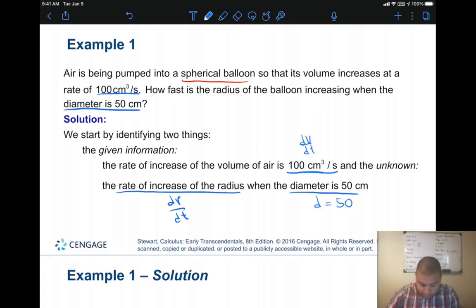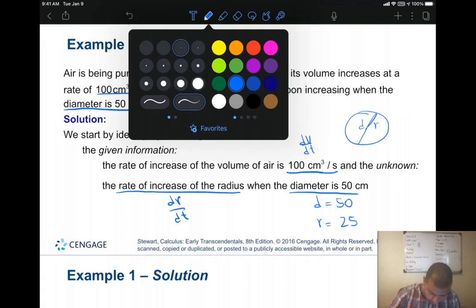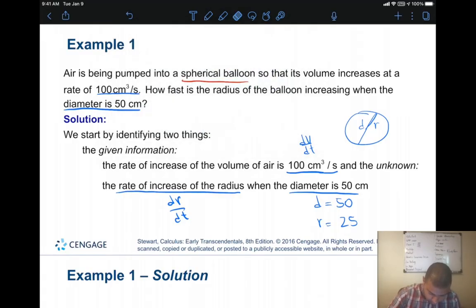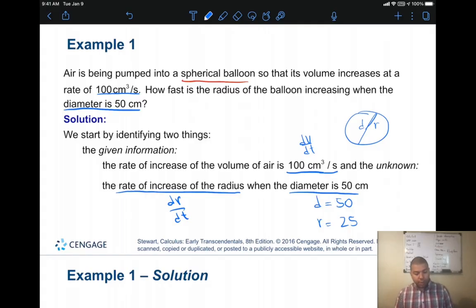Remember that the diameter on a sphere is the whole thing, which is twice the radius. So the radius is half of this, which is 25. The radius is 25, excuse me. Alright, so we got that.